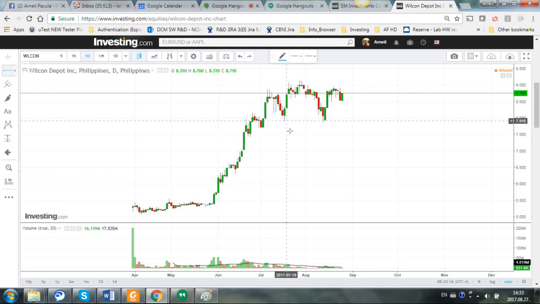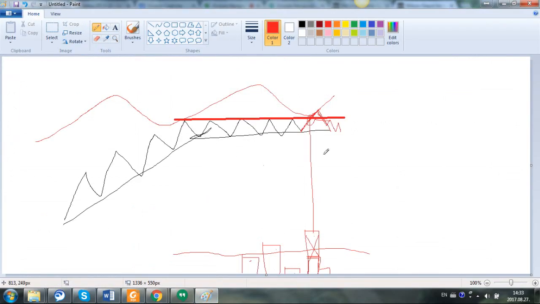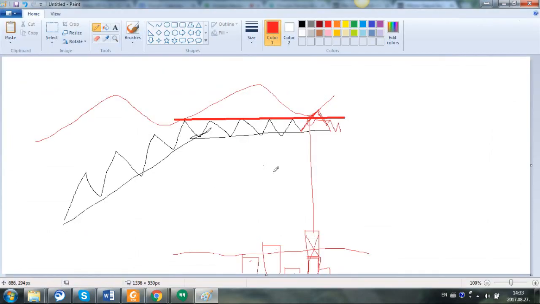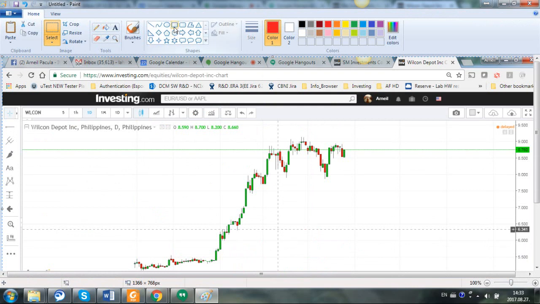So nakita mo naman, no? So okay, print screen ko muna. Nakita mo naman itong mga points na yan. This one, this point sa bottom ng candlestick, alam mo naman kung ano yung wick, di ba?